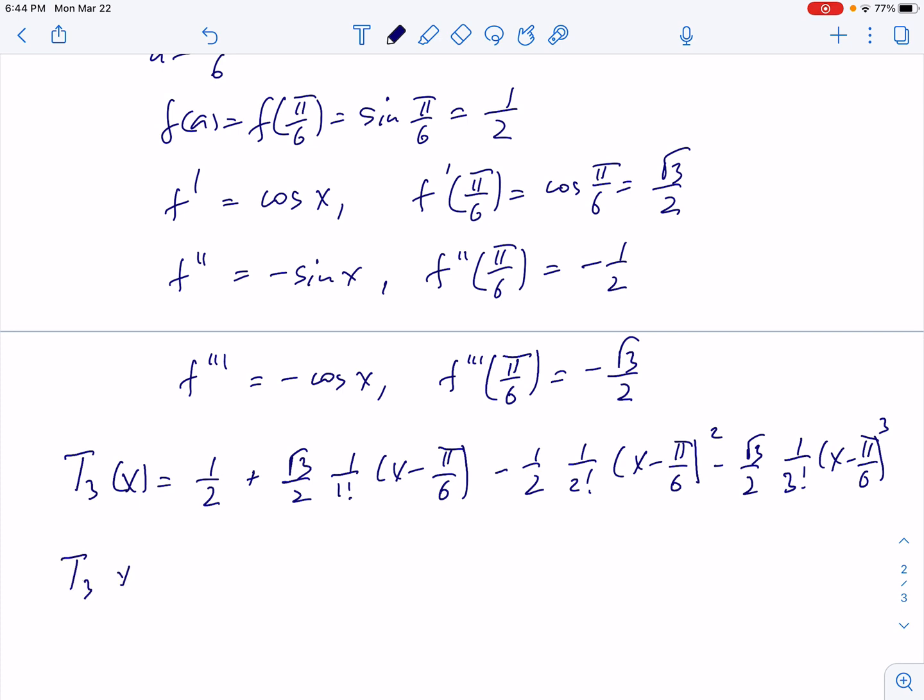The third Taylor polynomial here will be 1/2. 1 factorial is just 1, so I'm writing root of 3 over 2 times (x minus pi over 6). It stays like that.